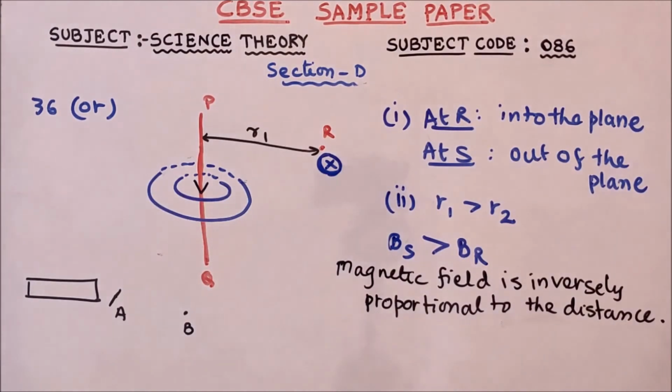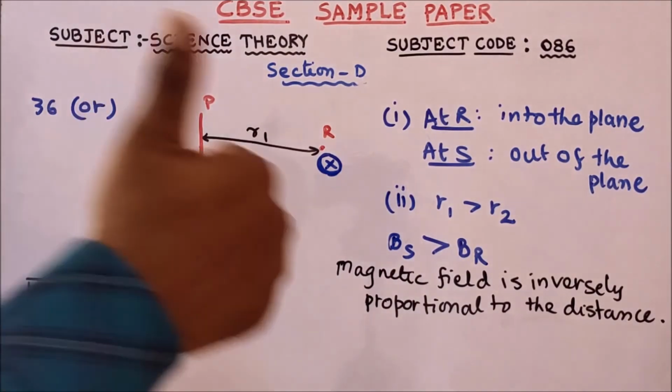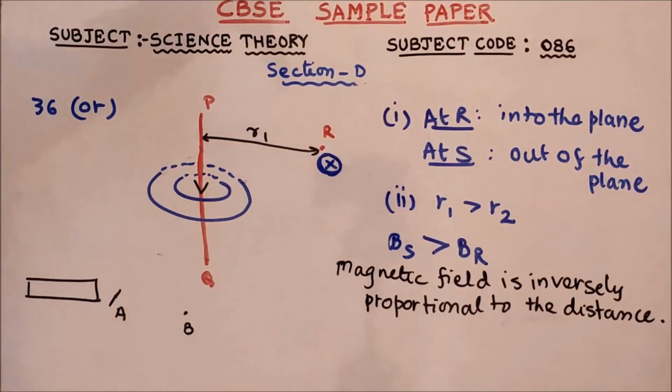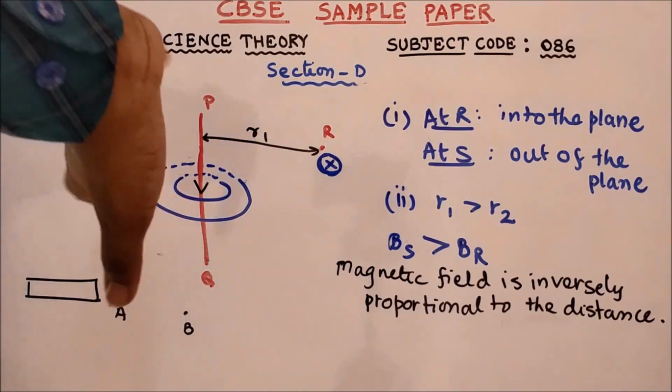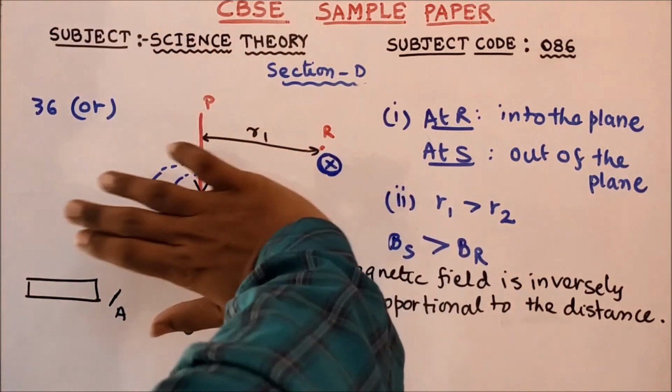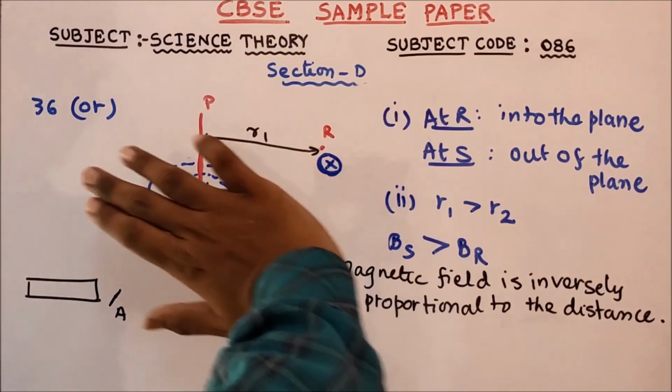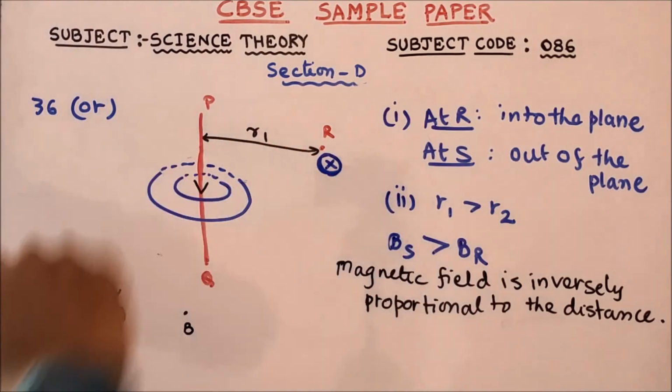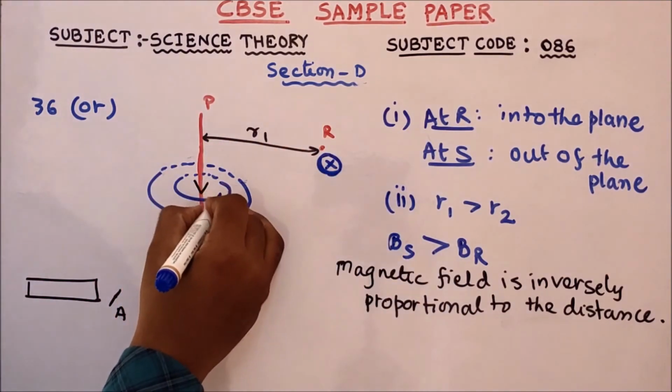Now how to get the direction? By using the right hand thumb rule. Thumb should be in the direction of current. Current is downward, so thumb is downward. The circled fingers will give the direction of magnetic field lines. In the space above the conductor, the circled fingers are moving from right to left.